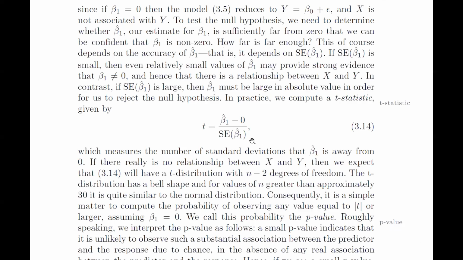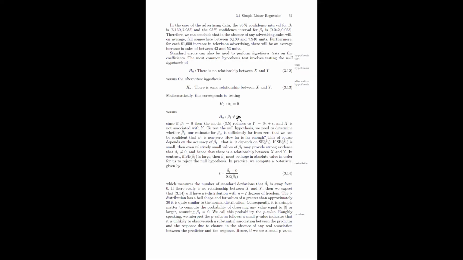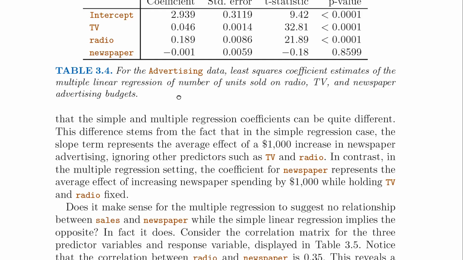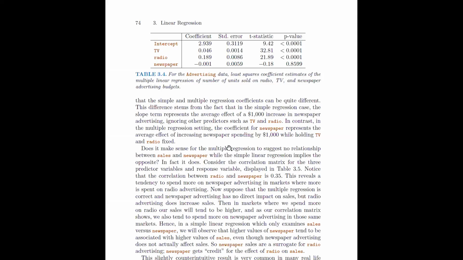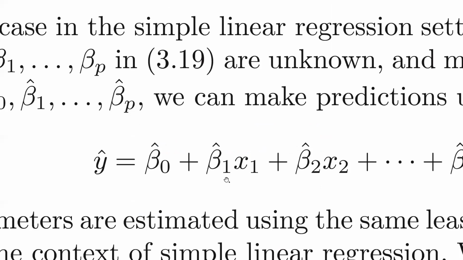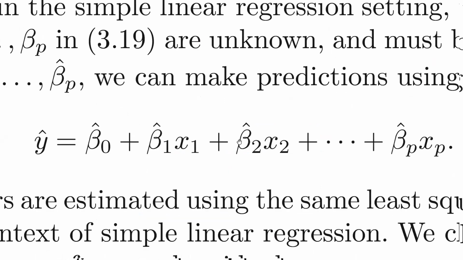It just so happens that we use the t distribution, not the normal distribution, not the binomial distribution, but the t distribution to test the significance of our estimated beta naught hat, beta 1 hat, beta 2 hat.